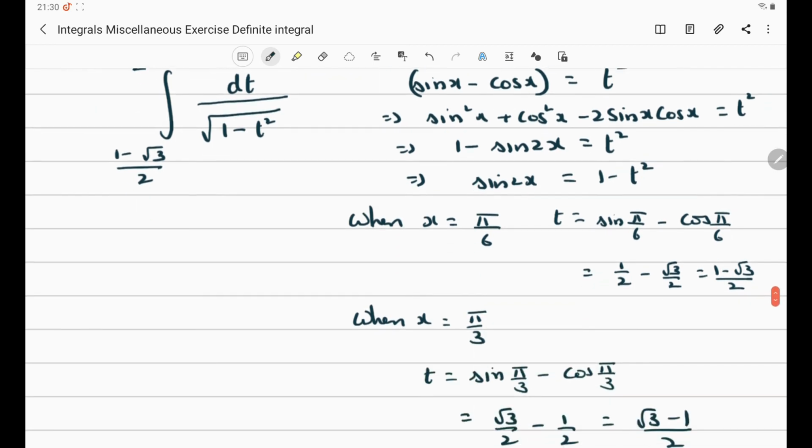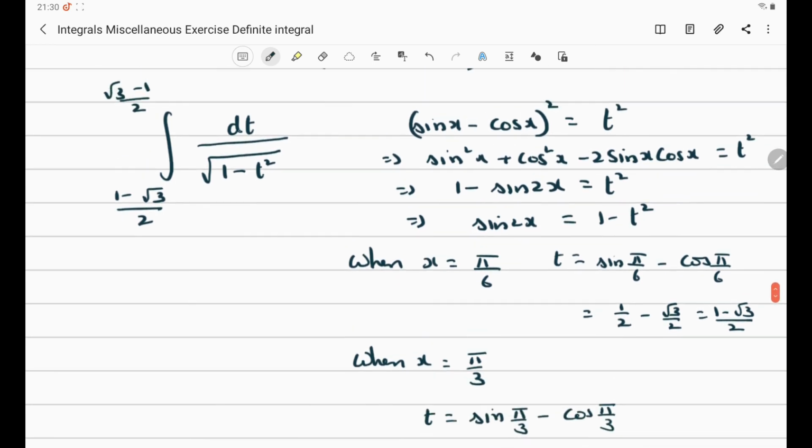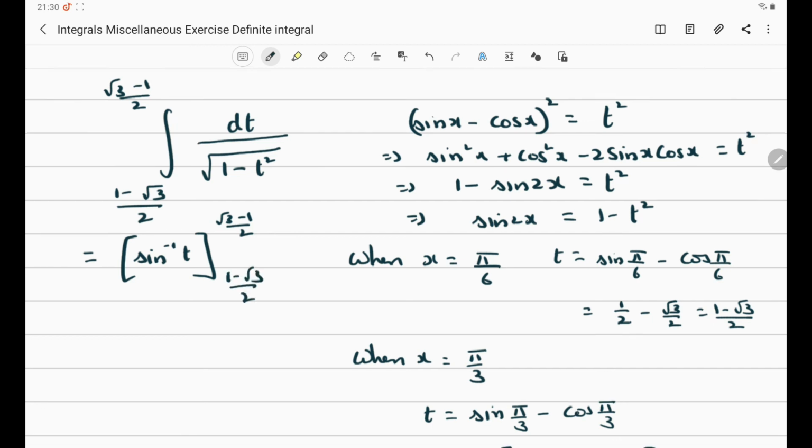And now we can see this integral of 1 by root of 1 minus t square is nothing but sin inverse t, and we substitute the upper limit and lower limit, root 3 minus 1 by 2 and 1 minus root 3 by 2.